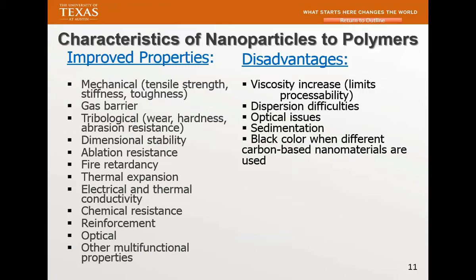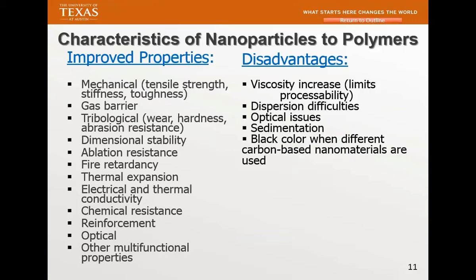The most important thing I want to caution you about is dispersion difficulty. Dispersion is very important because you put the nanoparticles in there, and if you don't disperse them correctly, you'll never see what they tell you about these properties. Another thing is optical issues.